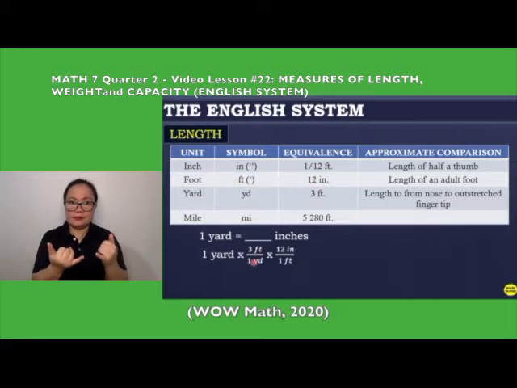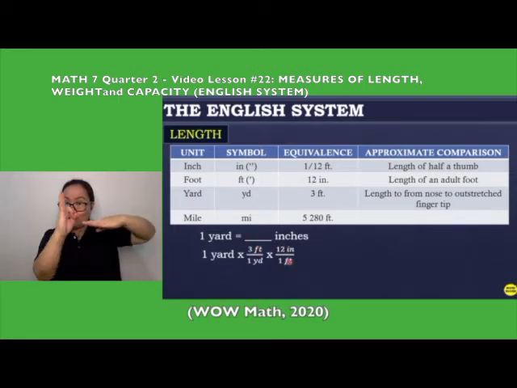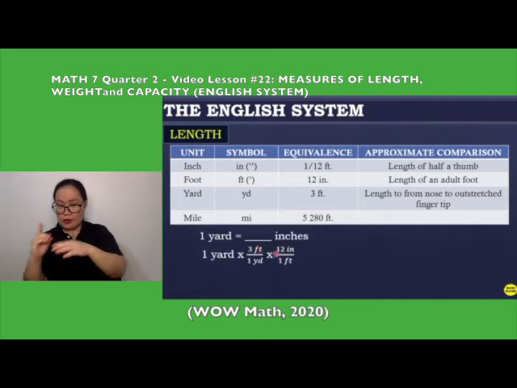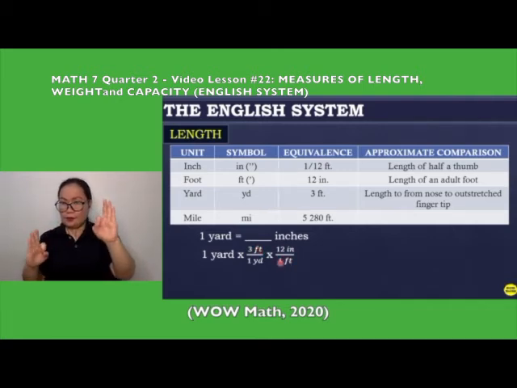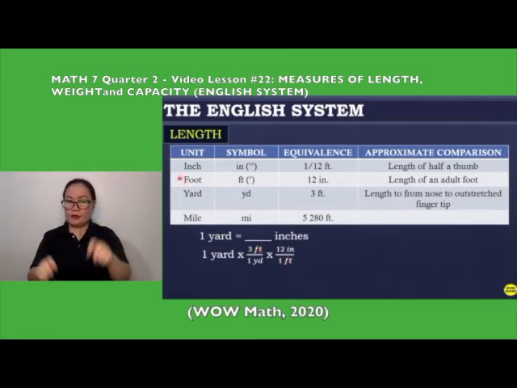Now, so 1 yard, that is equivalent to 3 feet. Etong feet mo, dapat ipapareho mo siya doon para makancel natin to. So, for every 1 foot, eto sabi ko kanina, for every 1 foot, that is equivalent to 12 inches. So, yan ang ilalagay mo ngayon sa taas. Etong numerator and denominator mo, this is the ratio.